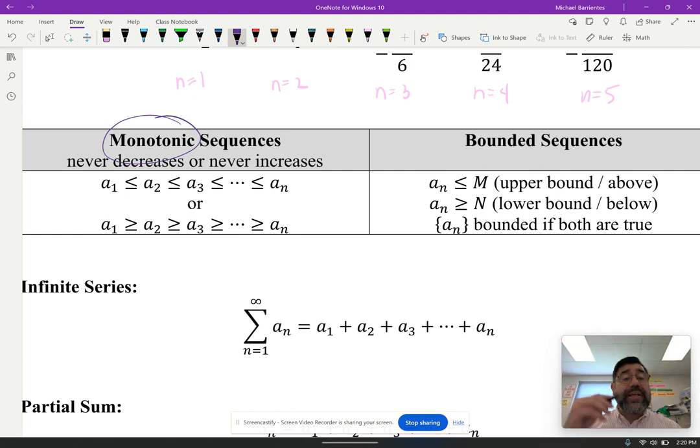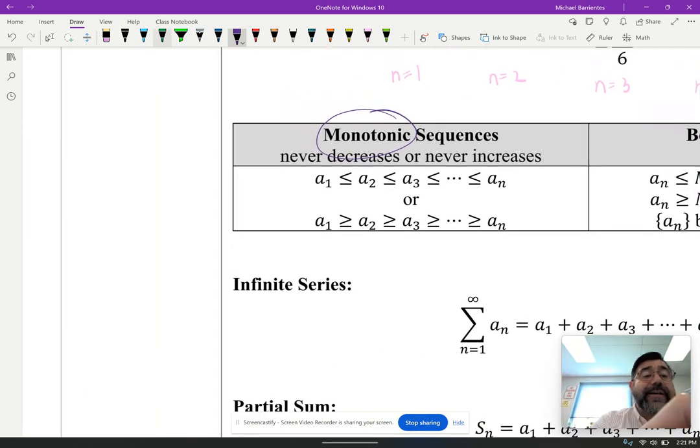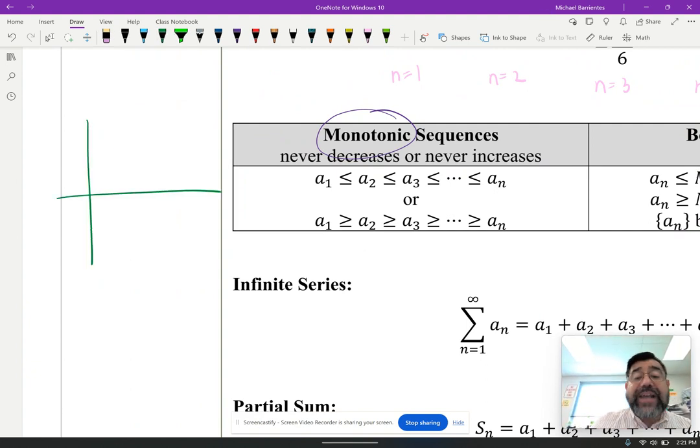So the numbers could be getting smaller or maybe even repeating, but they're never going back up. So if I were to graph a monotonic sequence, for example, in the first one, it says the first term is less than or equal to the second term, which is less than or equal to the third term, which is less than or equal to the fourth term, and so on.